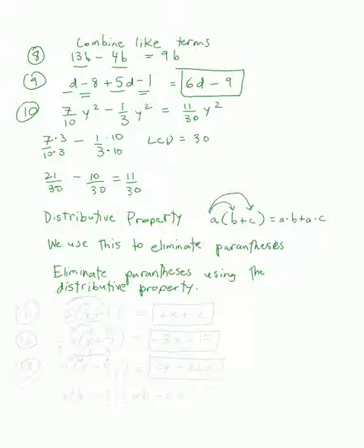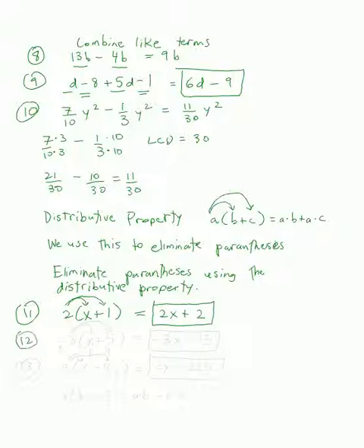So first problem, this is problem 11. We have 2 times x plus 1. In this case, we're going to do 2 times x and then 2 times 1. So 2 times x is 2x, and then plus 2 times 1 is 2. So this is our answer.